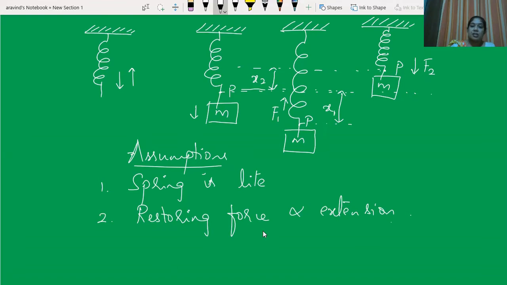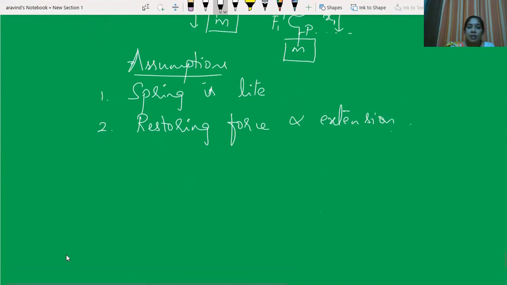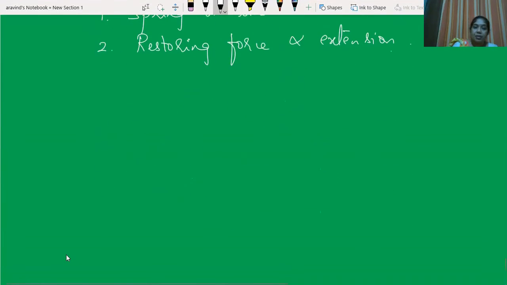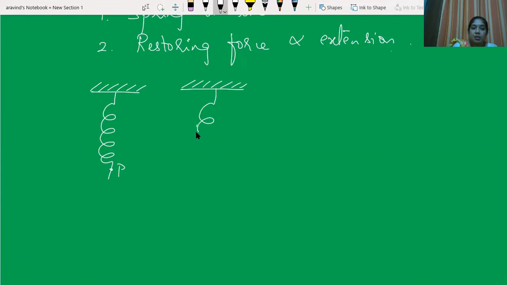Now based on this, we have to know a very important parameter. So let me say this is the spring. I'll redraw the same diagram here. This is the spring in the absence of load. Instead of drawing all the three diagrams I mentioned above, let me draw only two diagrams for our understanding.